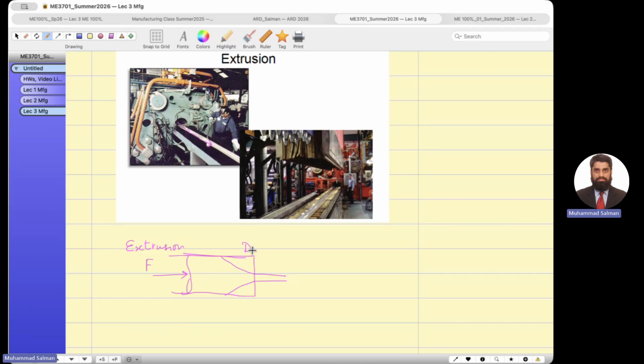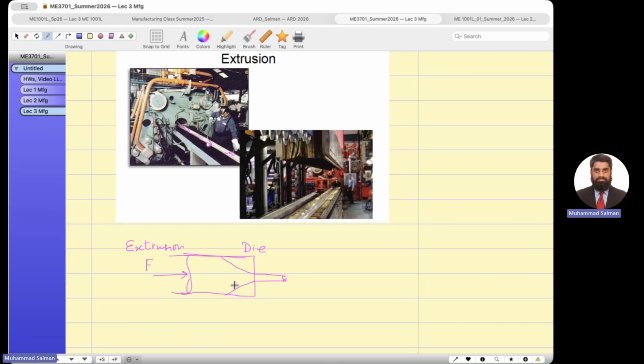This is my die, okay? And this is the diameter, it reduces or it changes the shape of the die. Sometimes it's like a railing. You see, this is all an extruded manufacturing process, because it passes through the die and you have a push behind. You keep pushing the metal through the die, it adopts the shape of the die.